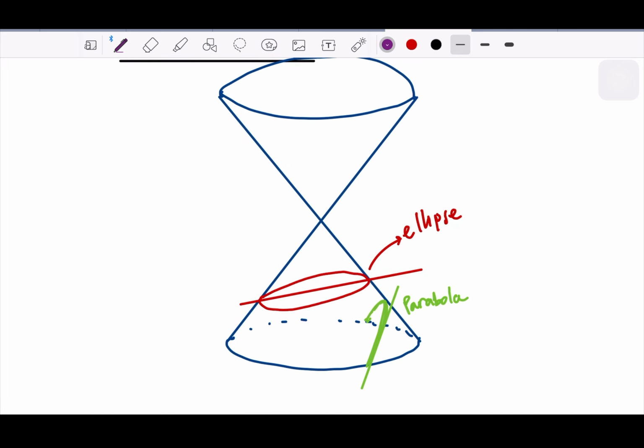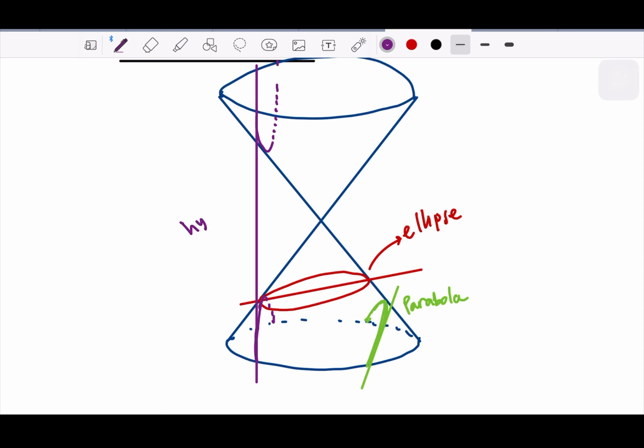And then if we slice vertically and cross most of the sides, say from here, it will have two sides, looks like a parabola, but it has two sides and a certain curve in the shape.